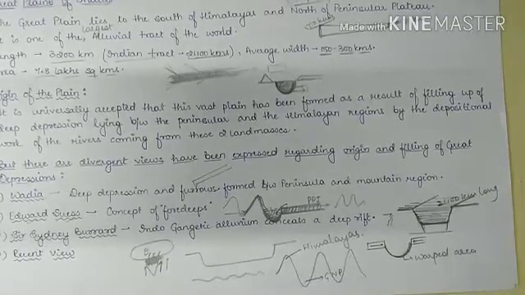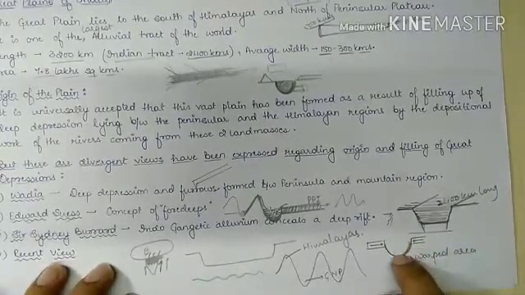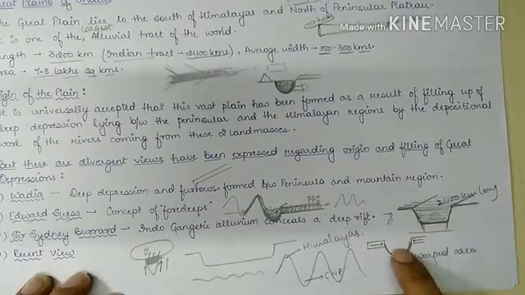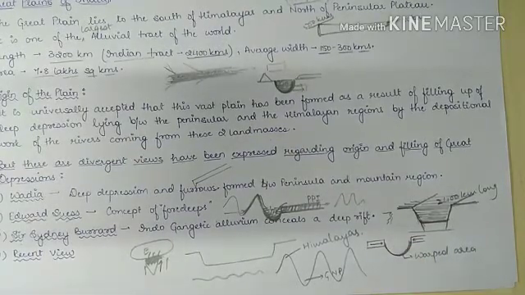Now the infilling in this warped area, or the syncline, was done by deposition of detritus of the mountains brought by numerous rivers emerging from them during the period of great gradational activity.